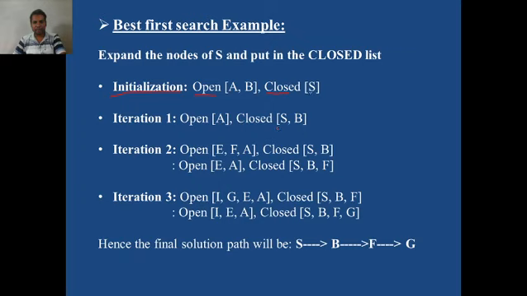And S was initially in the closed list, so that's why it continues here, and now node B is added in the closed list because we selected to go via node B, that's why it is explored or traversed, and kept in closed list.